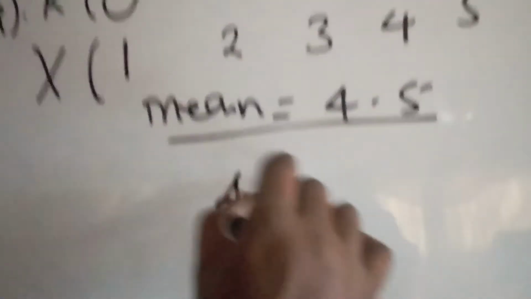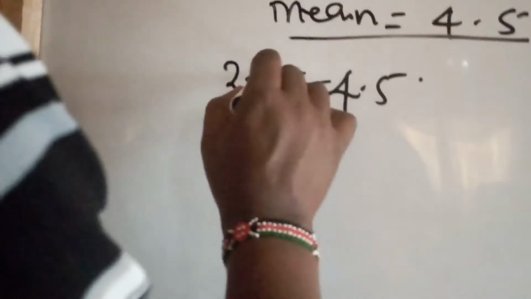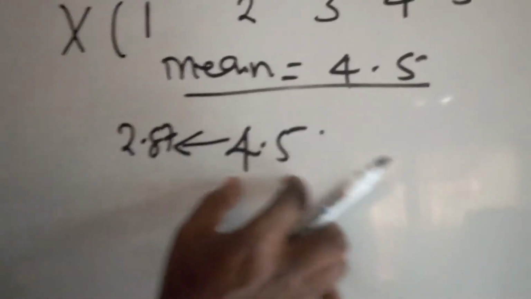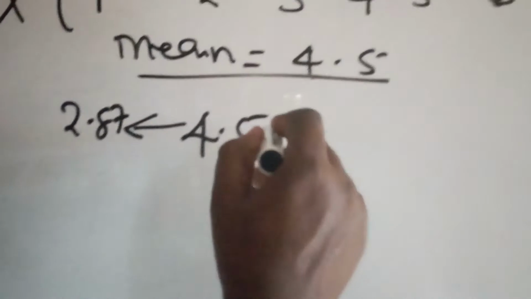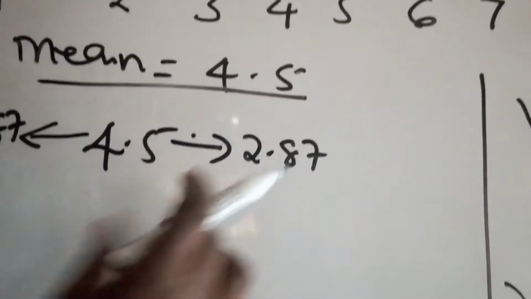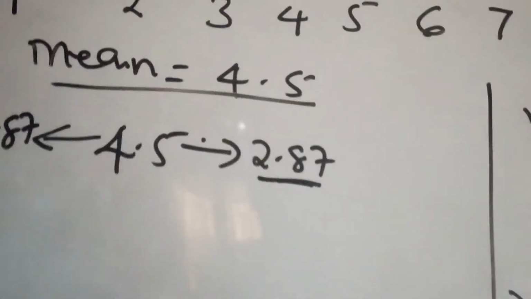So with our mean at 4.5 and the standard deviation 2.87, the number we are looking for must not be more than one standard deviation below 4.5 or one standard deviation above the mean.